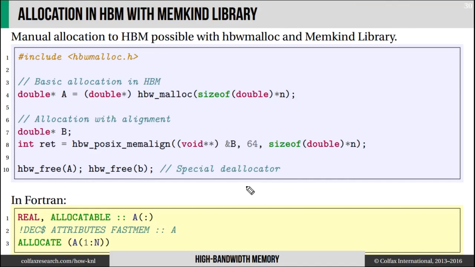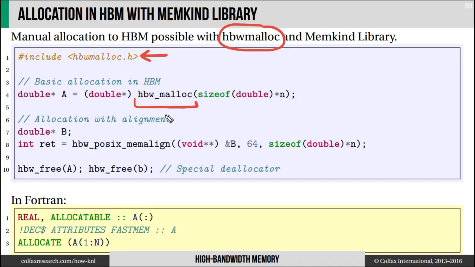If I want the second approach, where I use the memkind library to selectively allocate objects in high bandwidth memory, then in C and C++, I will include a header file for a convenient wrapper around the memkind called hbwmalloc.h. And this will give me access to a function hbw_malloc that allocates a buffer in high bandwidth memory.